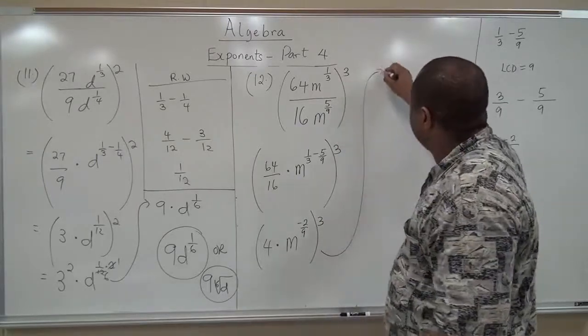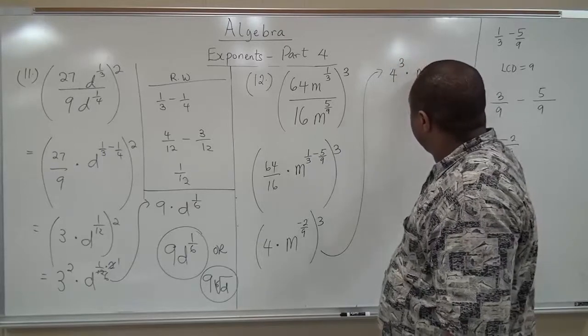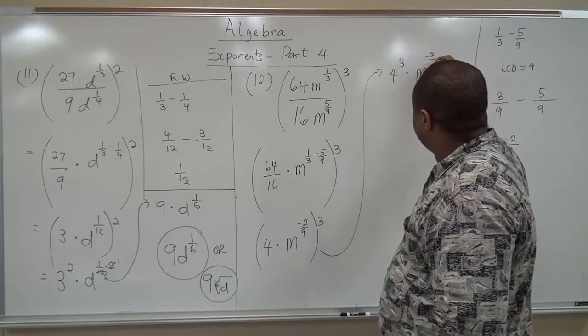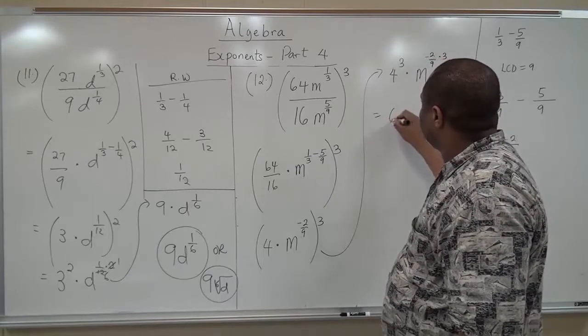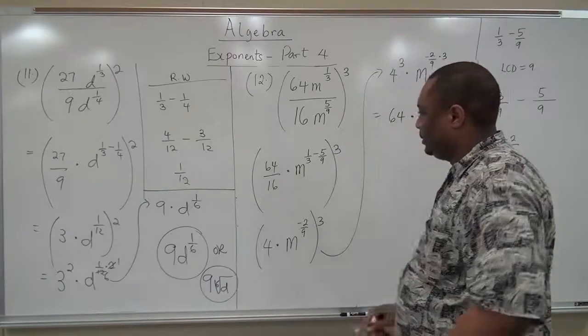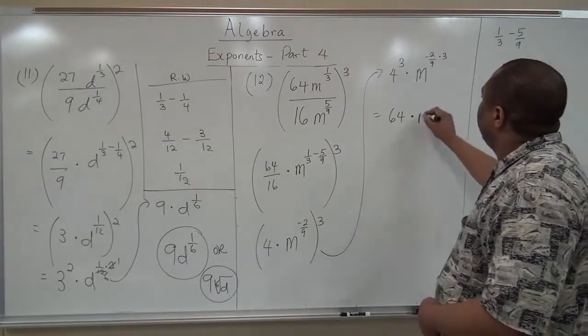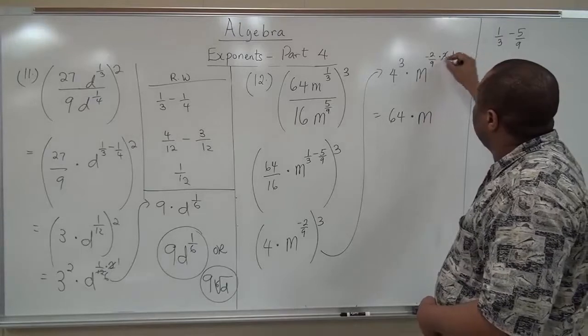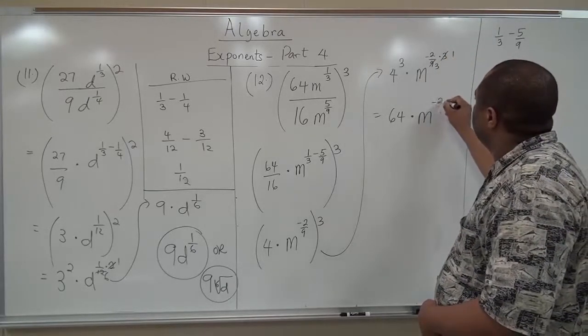So from here, this will give us 4 cubed times m exponent negative 2 over 9 times 3. So this is 64 times m. 3 into 3 is 1, 3 into 9 is what? 3. So this is negative 2 over 3.